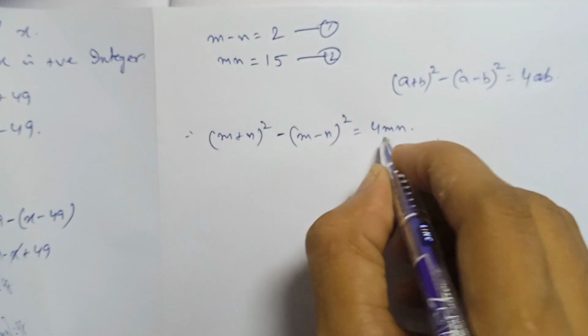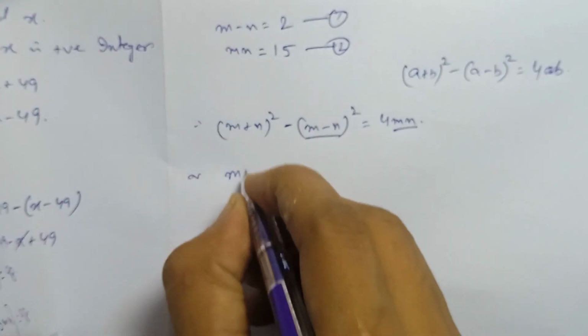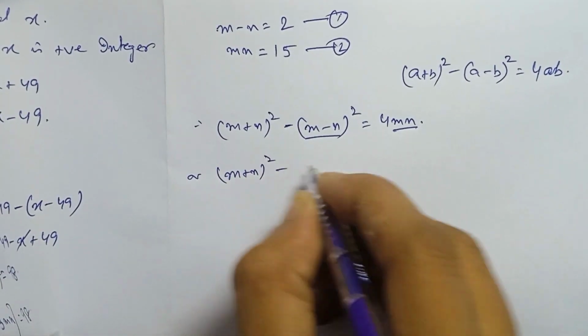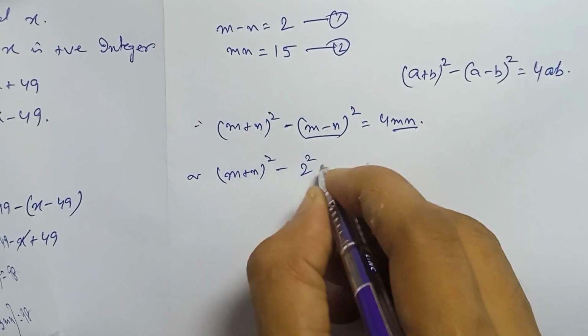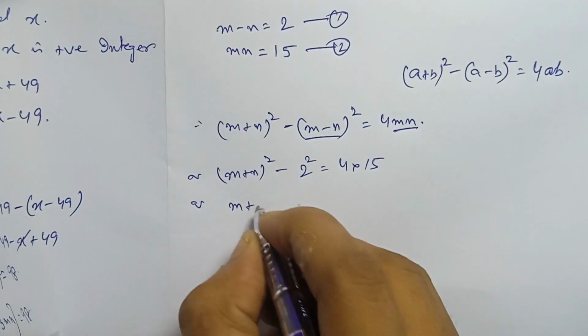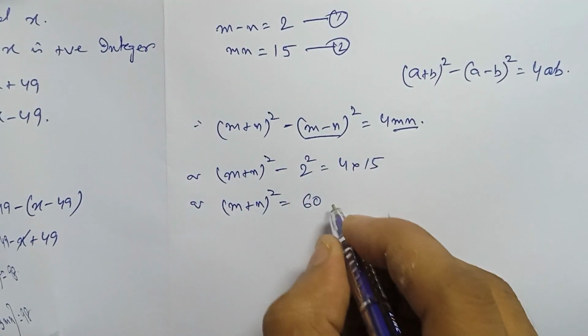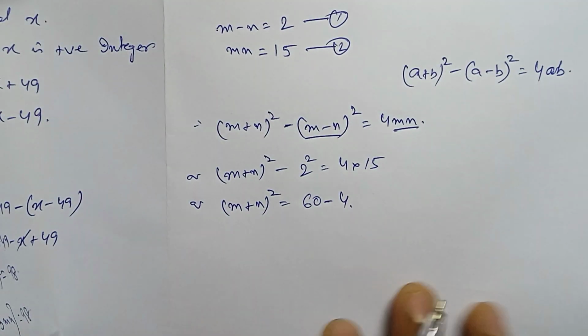Okay, we have the value of mn and m minus n. Let's put it here. It will be m plus n whole square minus 2 square is equal to 4 into 15.